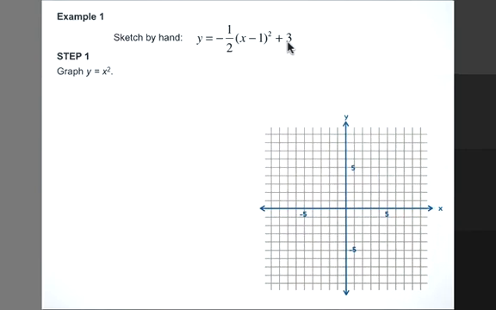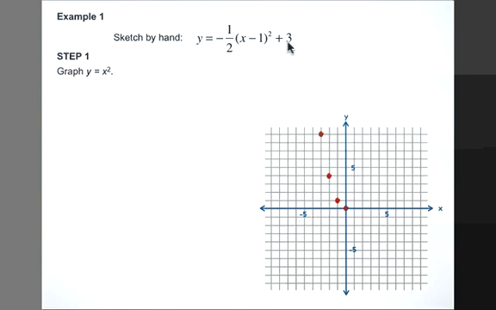Here's our first example. We're going to sketch by hand y equals negative 1/2 times (x minus 1) squared plus 3. Step 1. We'll graph y equals x squared. Here are our points.